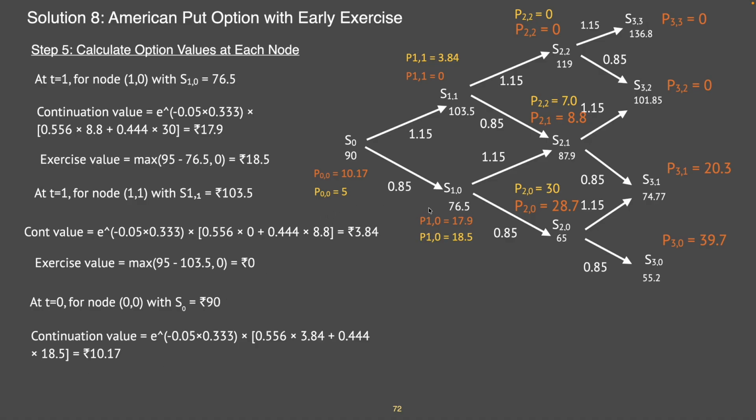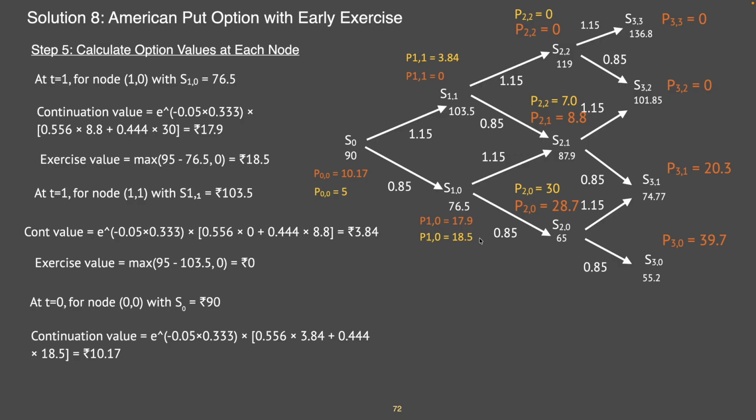We are taking it, because at this node we are taking the higher of the exercise value and the continuation value, so that's why we consider here 18.5, not 17.9. Similarly, when we calculated the continuation value of this, we used 30 instead of 28.7, because we have to take the higher of the exercise value and the continuation value for the previous node.